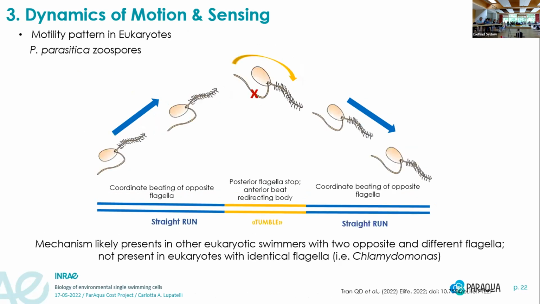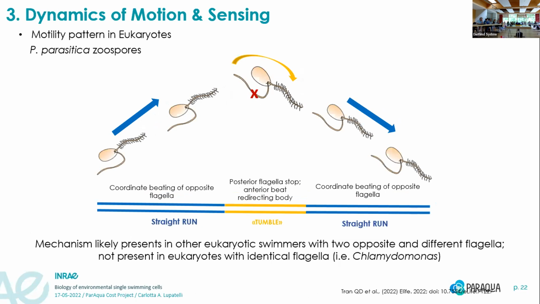In eukaryotes, again, this mechanism is a little bit more complex, I would say, and really specific to the different species. We don't have a true run and tumble motility in eukaryotes, but sometimes we can have some kind of mechanisms that resemble it.